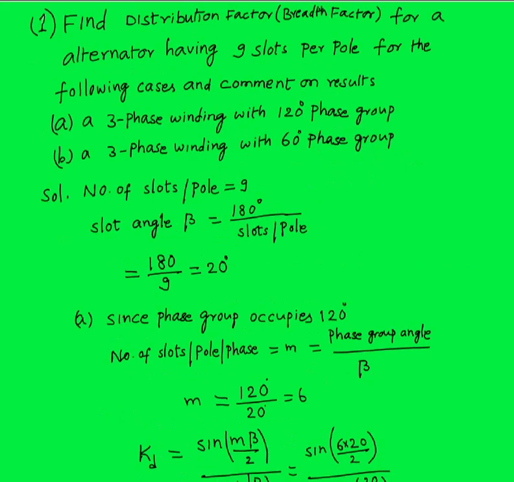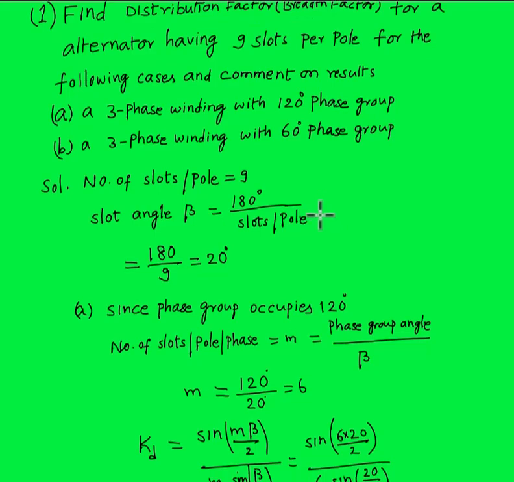So let me summarize the numericals covered here. In the first case, the distribution factor is to be calculated. For that the phase group is given, and from the given data we should first calculate beta, that is the slot angle, and after that we should calculate for the different cases the number of slots per pole per phase, that is M, using the formula phase group angle divided by beta.